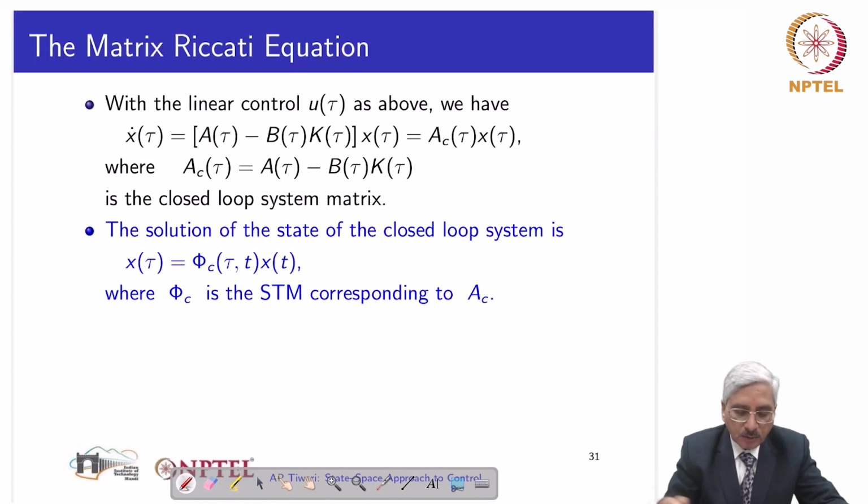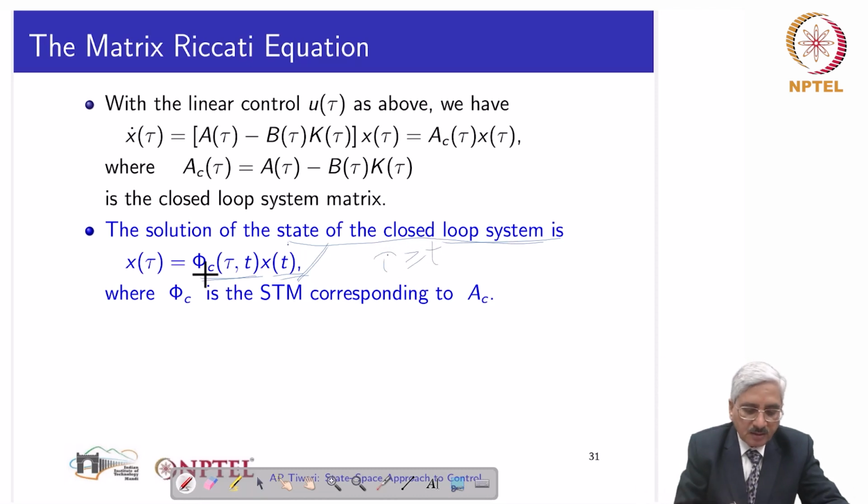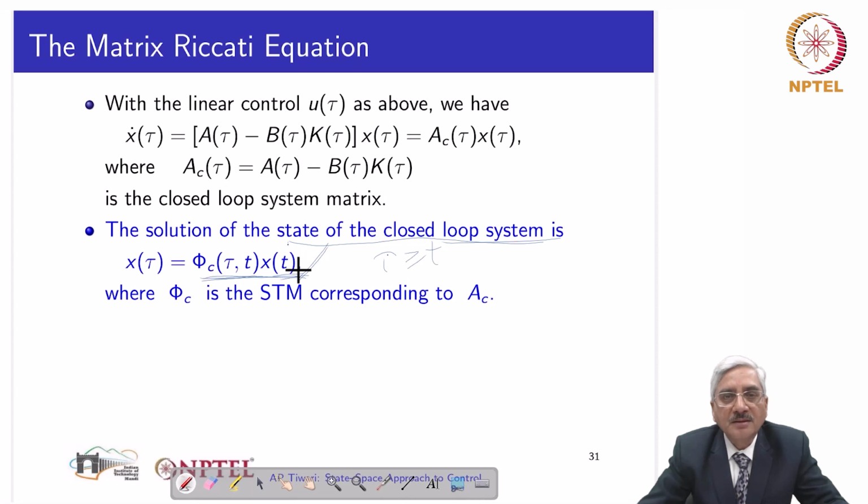And the solution to the state of the closed loop system will obviously be the state transition matrix multiplied by the state at time t, the state now. So this x(tau), the future value of states for tau greater than or equal to time now, will be given by this state transition matrix times x(t).